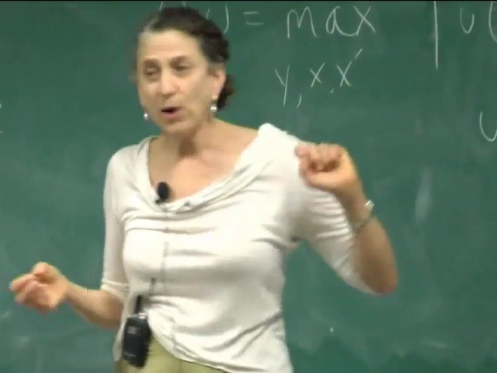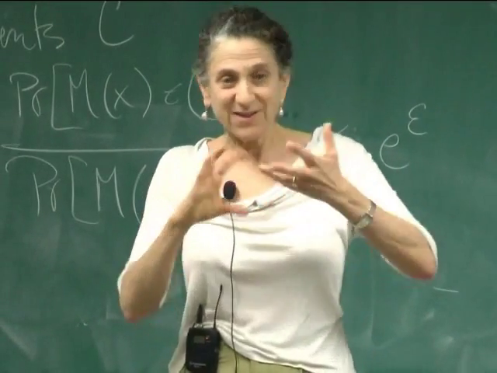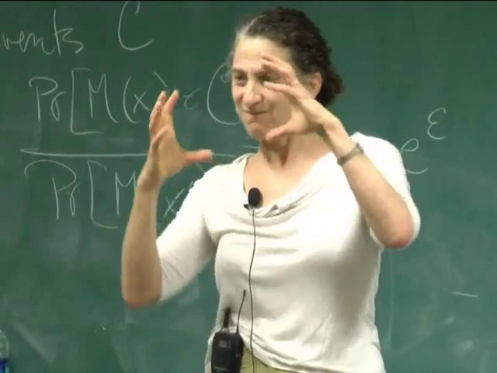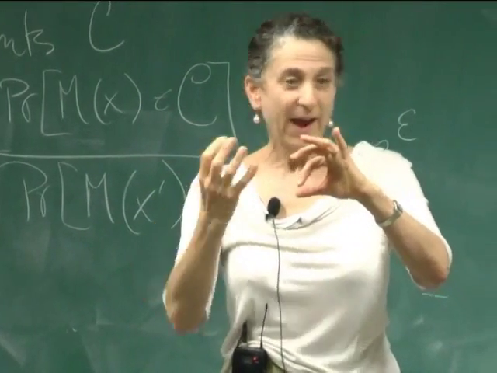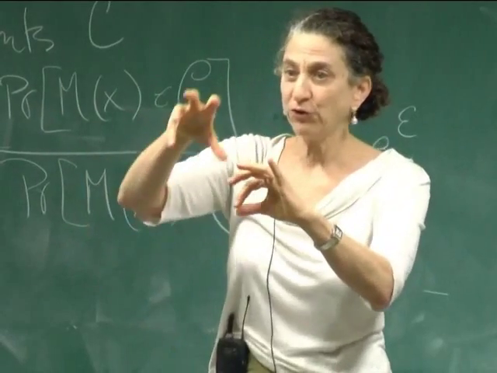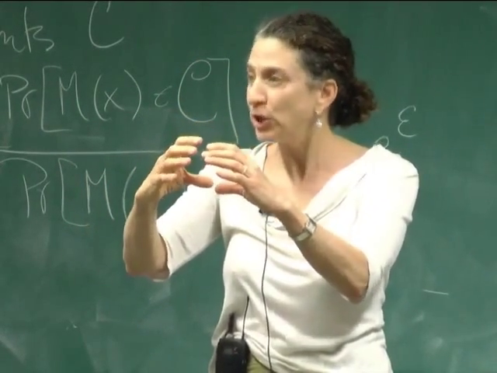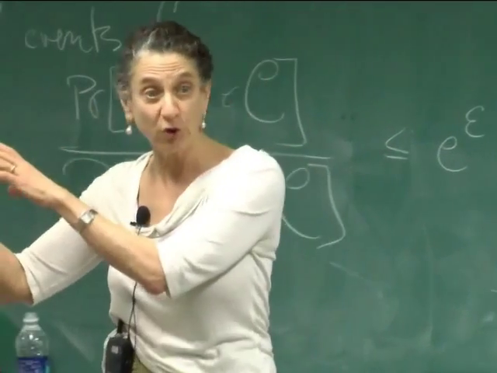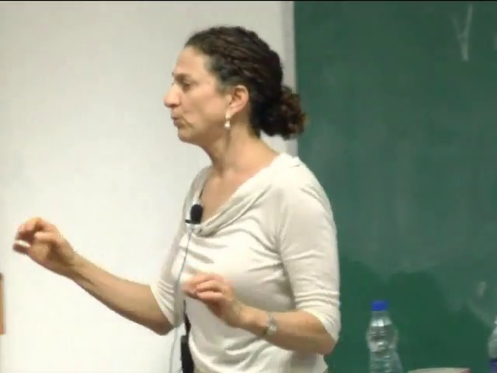So they're going to output a synthetic database. Remember, I told you what that was. That's something that sort of has the type of a database. And the answers to fractional queries on this synthetic database will be close to the answers to the fractional queries on the real database. So we're going to produce such a thing.